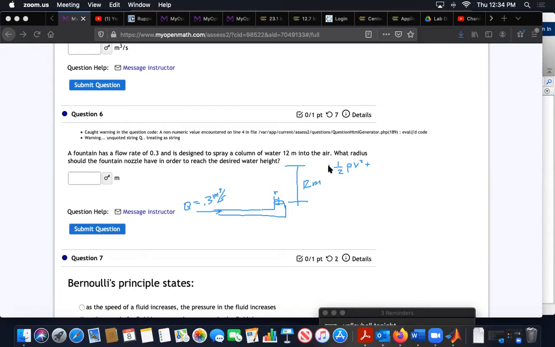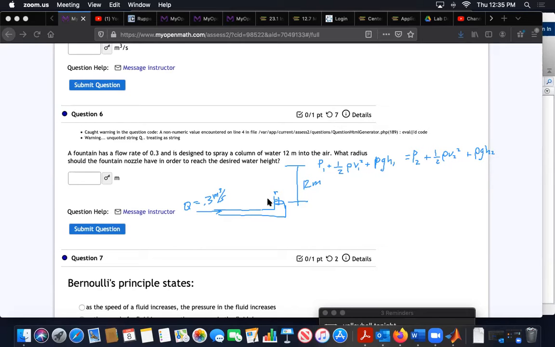plus, so let's start with pressure. Pressure 1 plus 1/2 rho v1 squared plus rho g h1 has to equal pressure 2 plus 1/2 rho v2 squared plus rho g h2.